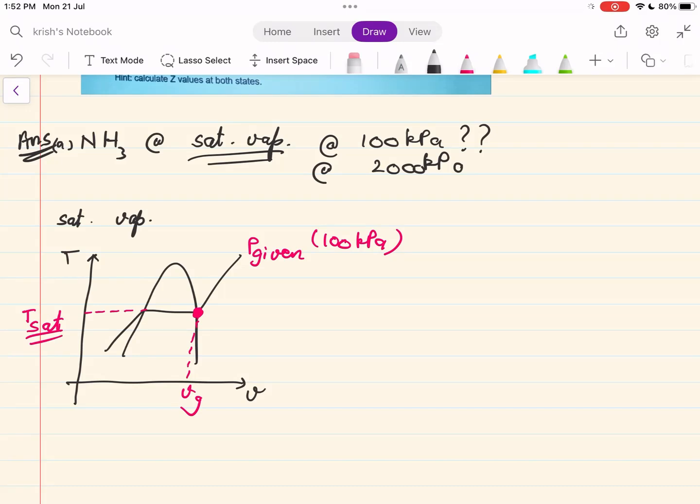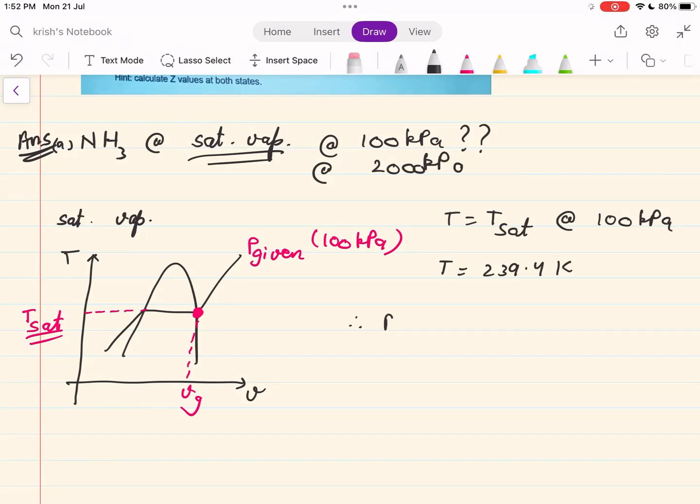So if we see the tables, T equals Tsat at 100 kilopascals from this graph, and it will come out to be 239.4 Kelvin.